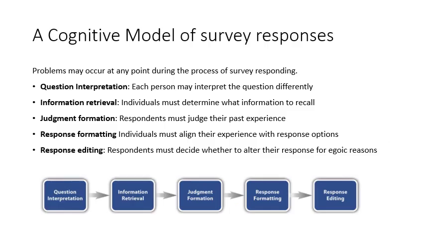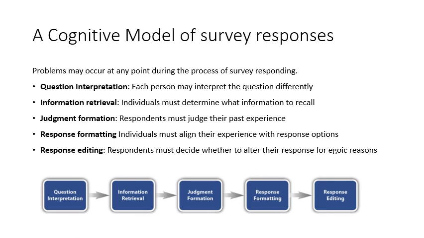So we look at this cognitive model of survey responses to understand where problems can occur, and they can occur at many different points. So we'll talk about these in the next slides, but think about what happens when someone responds to even just one survey question. First off, they have to interpret the question.